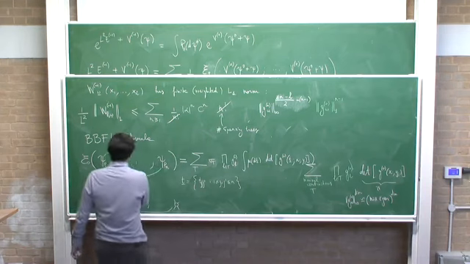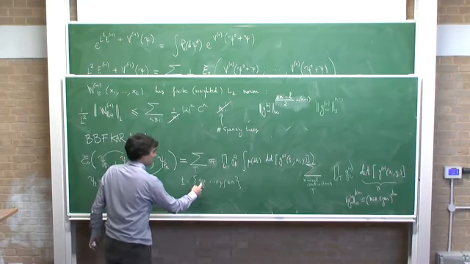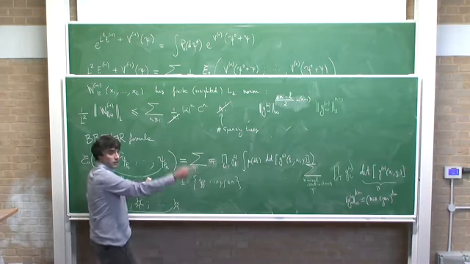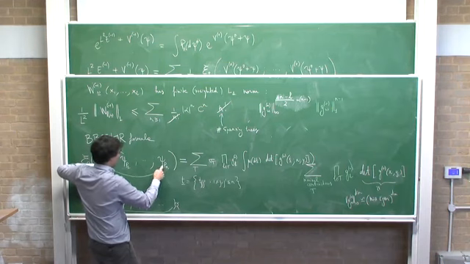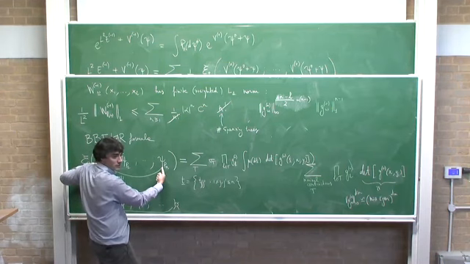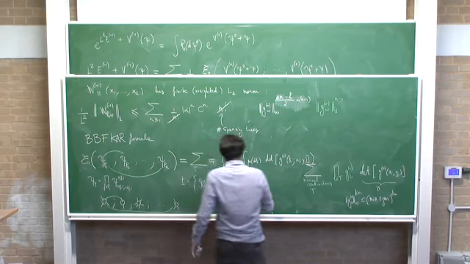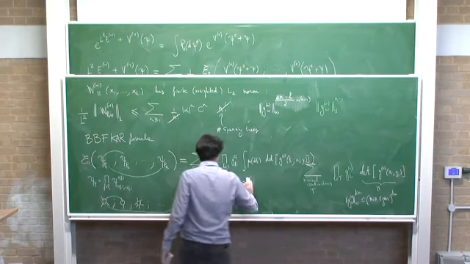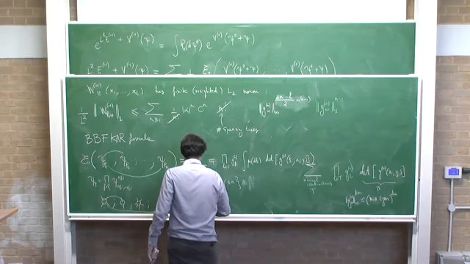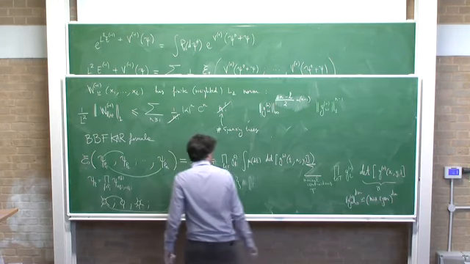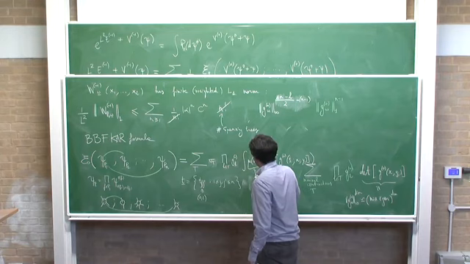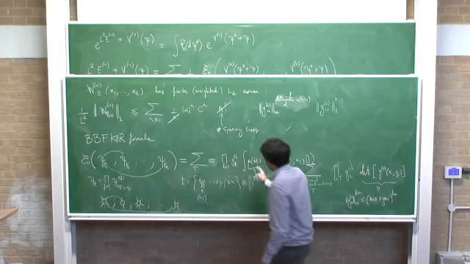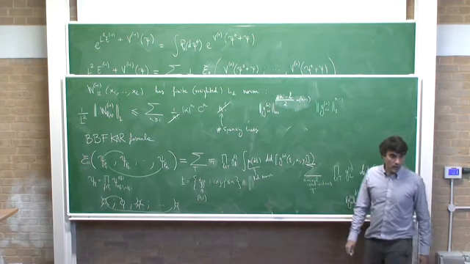These are labels for these groups, and T, J, J prime is a variable associated with a pair of these guys. Each of these variables is in [0,1]. This is a probability measure, so the total integral is 1.